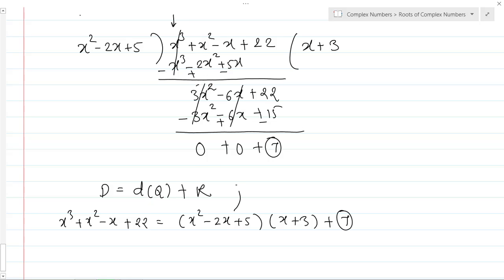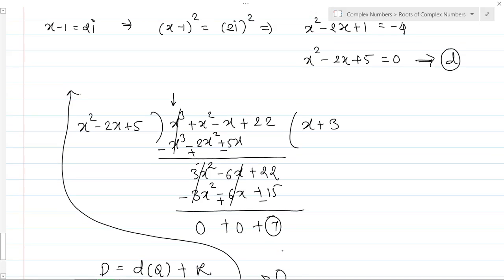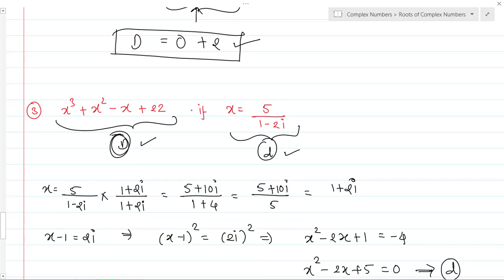And we have already proved that the divisor value is equal to 0. So anything into 0 is 0, plus 7. So what is the answer? It is 7. So finally we get the value of this polynomial, which is nothing but 7, for the value of x which is 5 by 1 minus 2i.